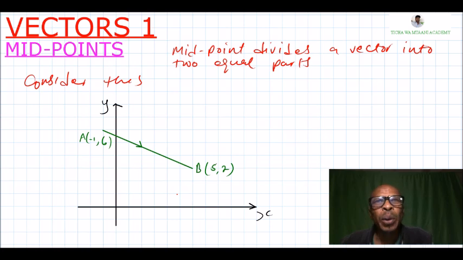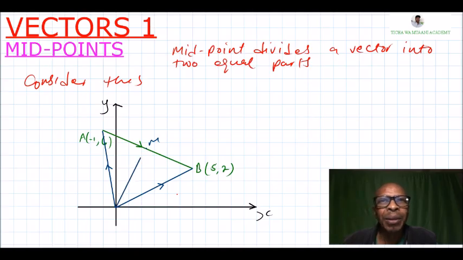So we can draw the position vectors. That will give us position vector OA. This will give us position vector OB, and we assume that this is the midpoint. So we draw another vector there, OM, which we can draw as a dotted line like that. Of course, this is the origin.